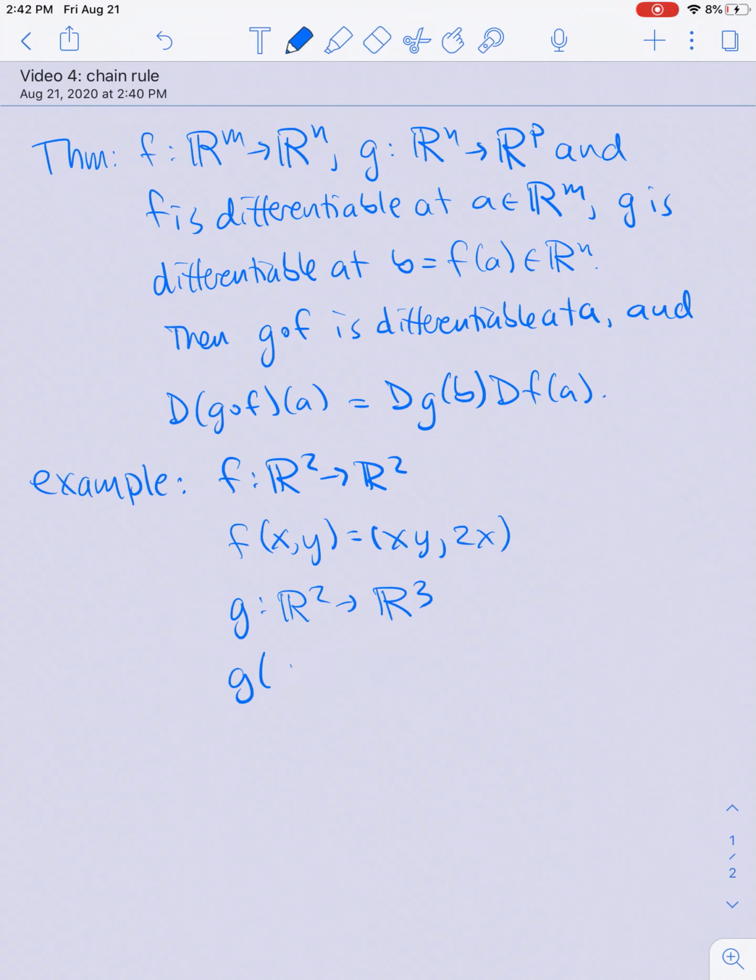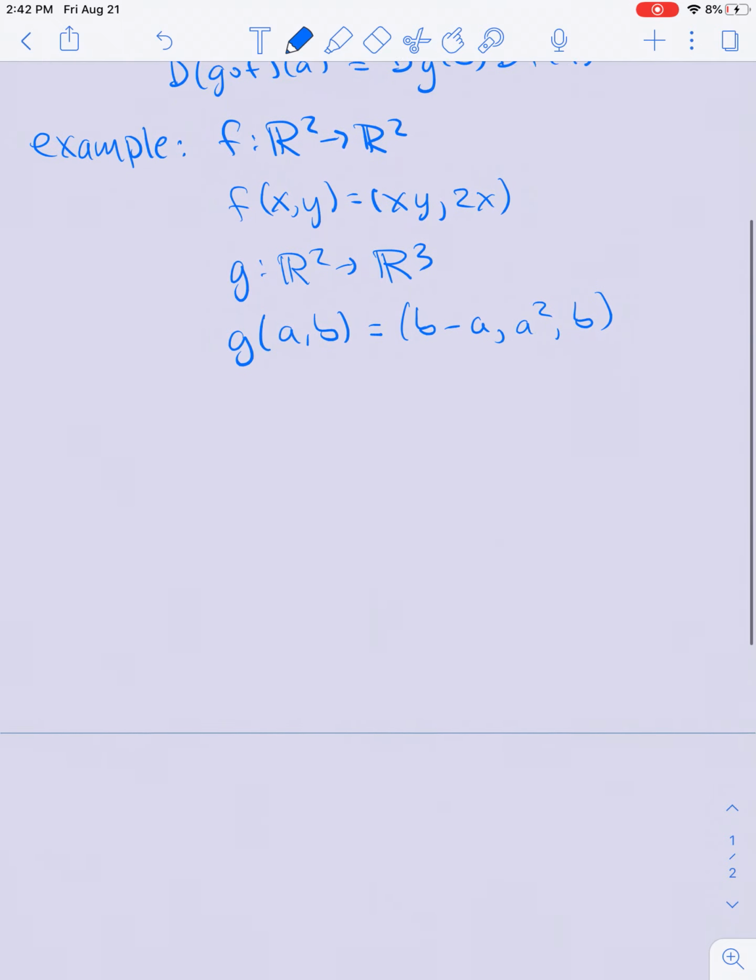The reason why will become clear momentarily. g of (a, b) is (b minus a, a squared, b). Unfortunately, this is a little bit confusing with the points in the theorem, but in the theorem, a and b are points, vectors or tuples in R^n and R^m, and here they're elements of R, coordinates of those tuples.